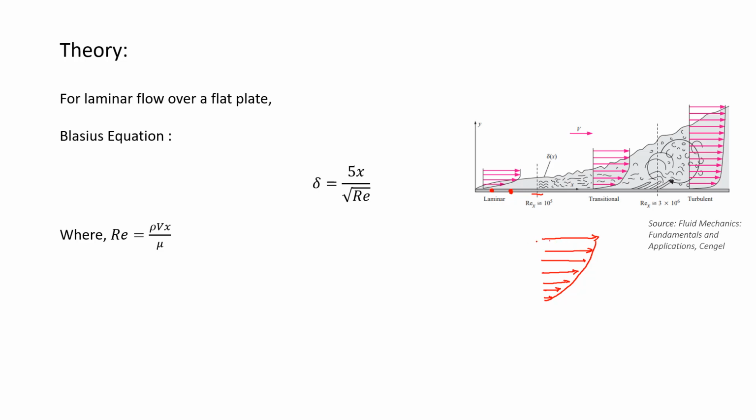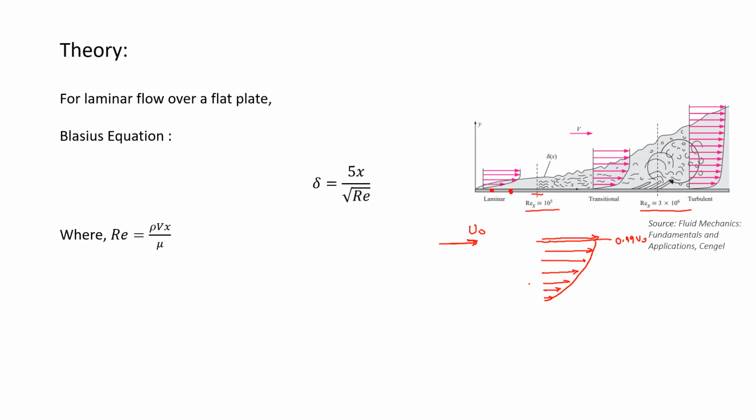And then when you reach free stream velocity, the boundary layer gets terminated. So one definition of boundary layer is wherever the velocity reaches 99% of the free stream velocity. Let's say this was your free stream velocity u naught. Wherever the velocity in the boundary layer reaches 0.99 of u naught, that is where the boundary layer gets terminated. And so you can see when the flow moves from a laminar to a turbulent regime, how the boundary layer thickness increases, and how the flow transitions based on the Reynolds number.